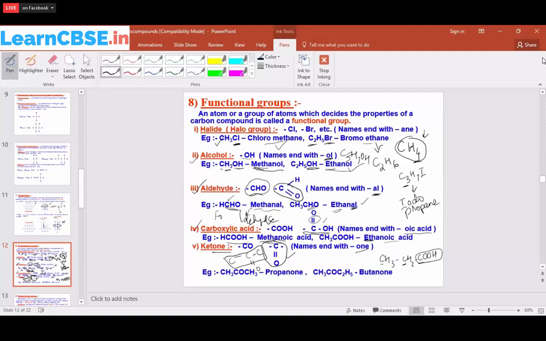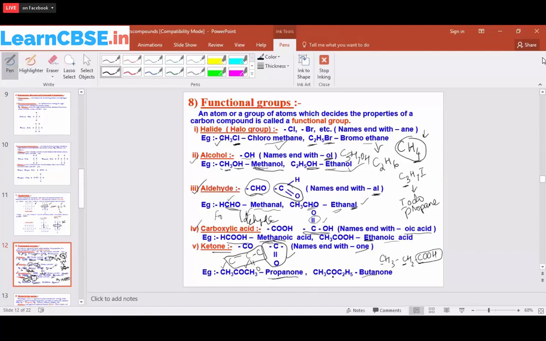If we substitute it with hydrogen, it becomes an aldehyde. So there is no meth or eth one. It starts from propanone. CH3COCH3: this carbon atom makes a bond with one carbon atom on this side and one carbon atom on this side. This we call propanone.